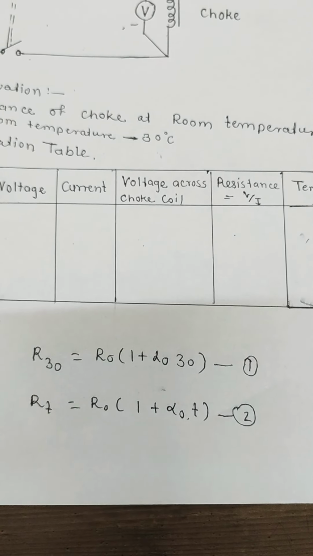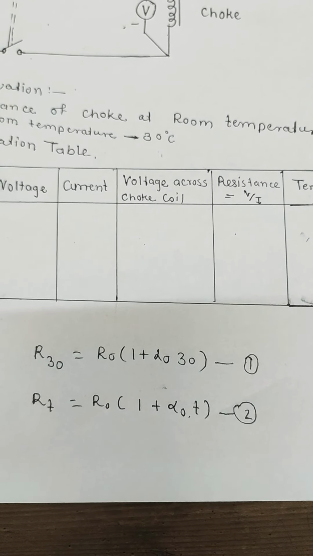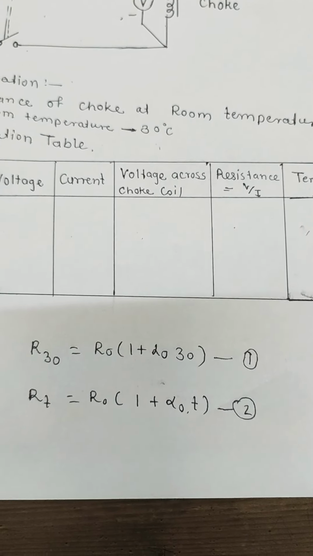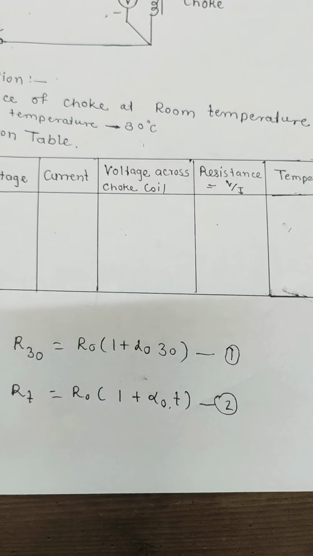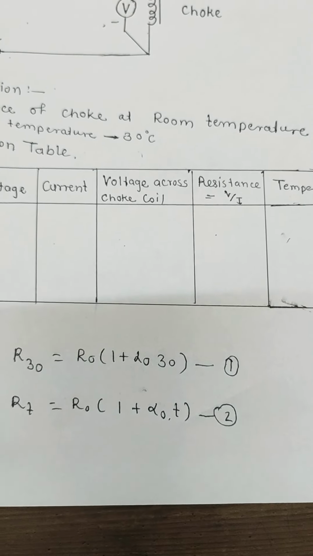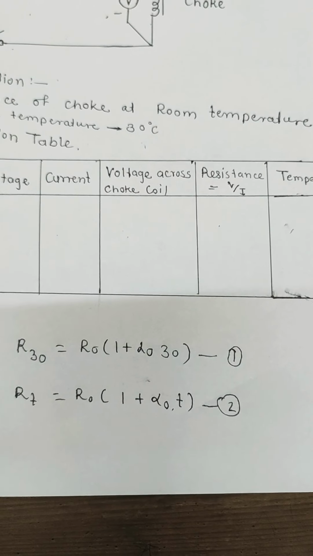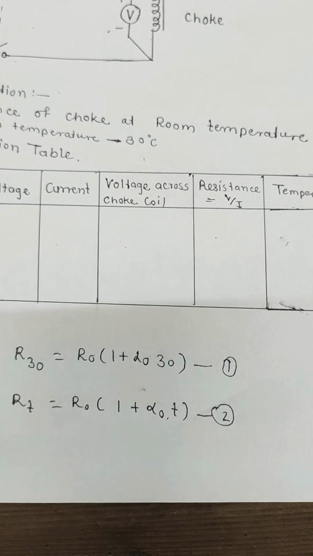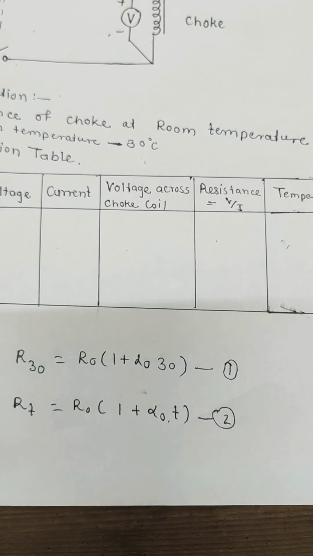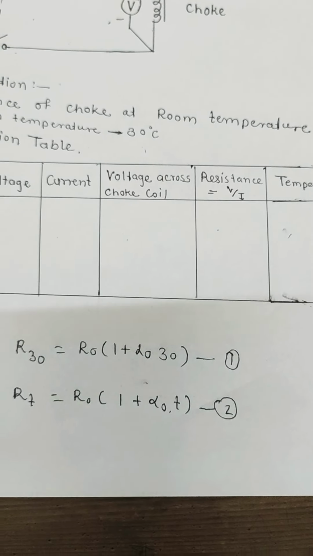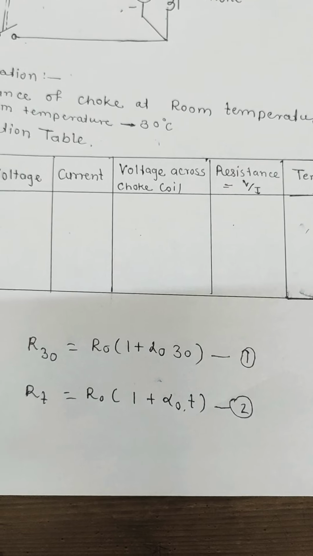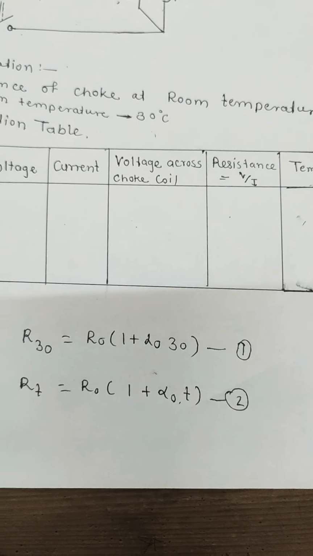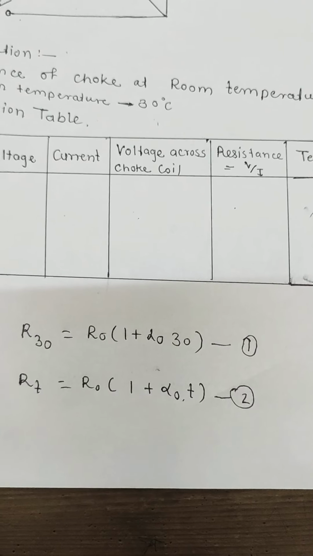Then we write the equation RT is equal to R0 into bracket 1 plus alpha 0 into T. After measuring the voltage and current, you calculate the value of the resistance at the temperature measured by the thermometer. So you will get two equations, and after solving these equations you get the value of alpha 0.